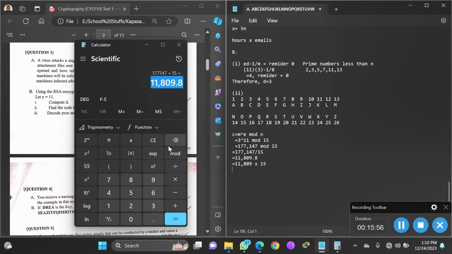So what I'll do here now is that I'll say 11809 without that dot 8, then times 15 to get the product. So I'll copy this.